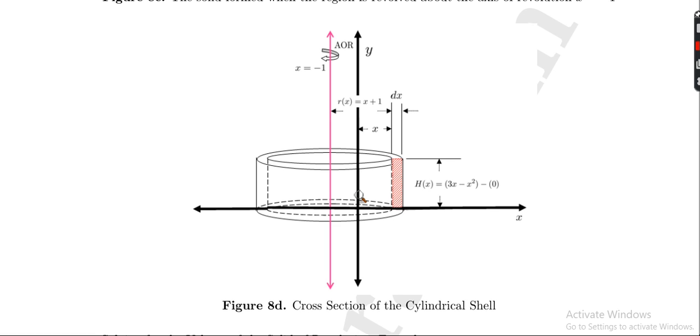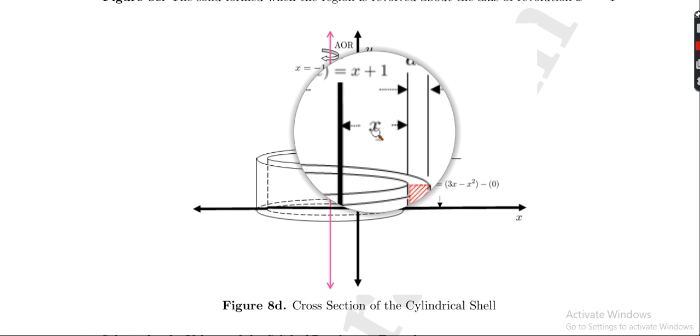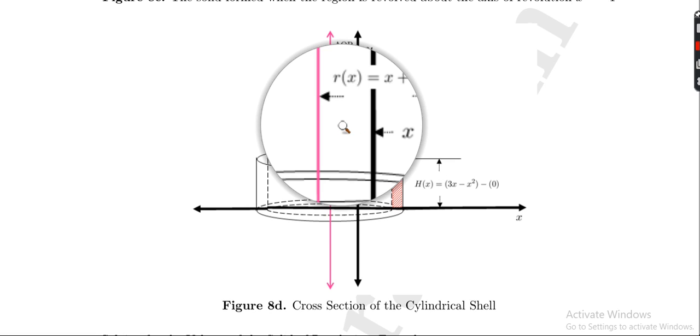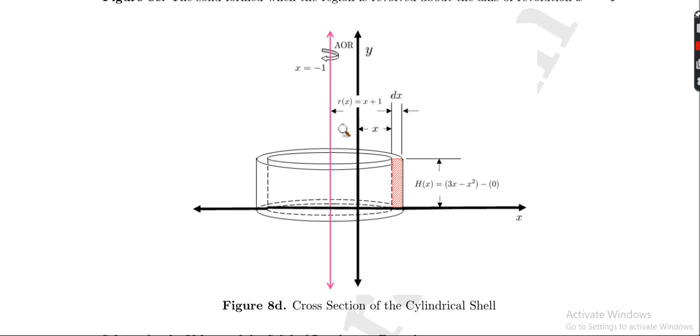Okay, so if this is equal to x and the measure from the y-axis to the axis of revolution is equal to 1 unit, so therefore the measure of the radius is given by x plus 1. So you just add this measure, that's x, from element to y-axis, and then from y-axis to the axis of revolution as 1 unit. So therefore the total distance from the element to the AOR is x plus 1.